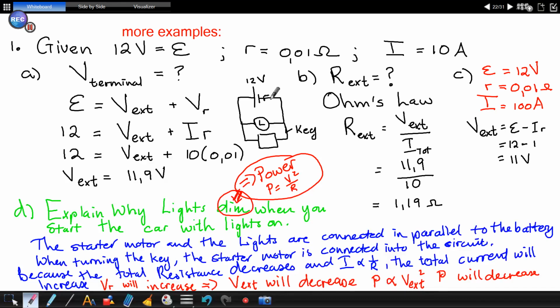We forgot about the battery having an internal resistance. So closing the circuit here will decrease the total resistance in the circuit, so it's increasing the current through the circuit. Increasing the current through the battery will cause a bigger lost volts because of the internal resistance of the battery. If you've got a bigger lost volt, the terminal voltage will drop. So you've got less voltage across your starter and your lights.